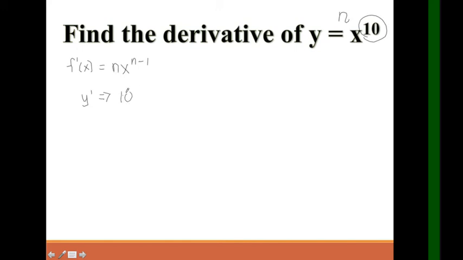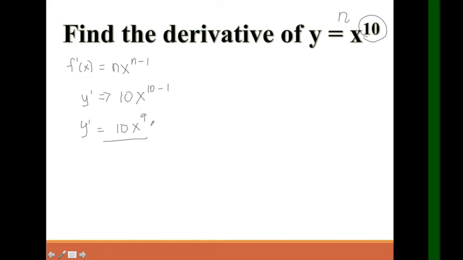So we have 10 x raised to 10 minus 1. Then the derivative of y equals 10 x raised to 9, since 10 minus 1 is 9. So that's our final answer. Right? The power rule is so easy.